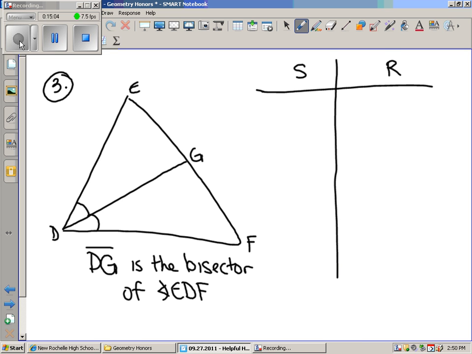Or you could do something real crazy like this. People seem to like that idea. And then they'll ask, what do we know about angles 1 and 2? Any ideas? Sam, why are they congruent?